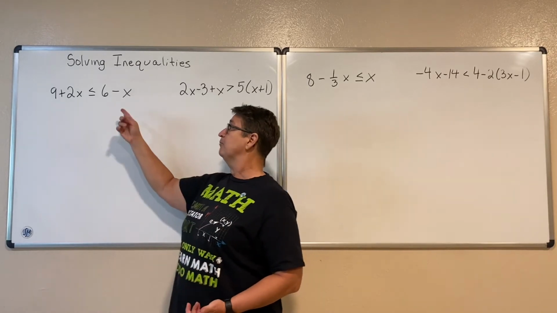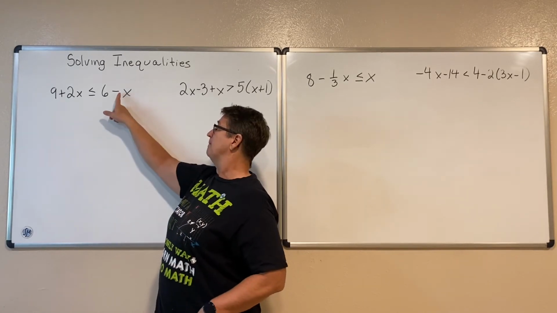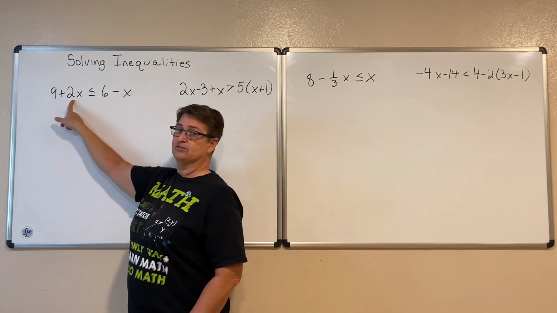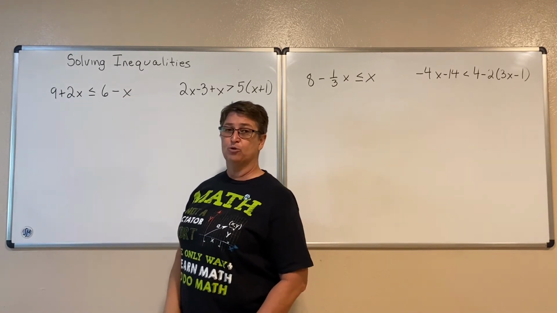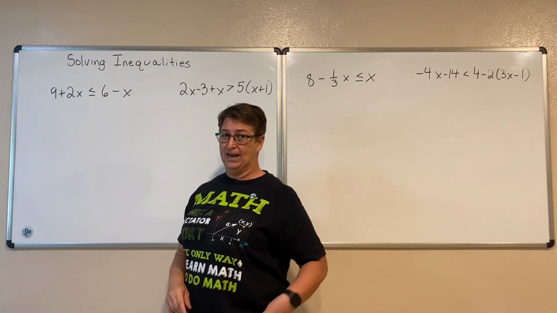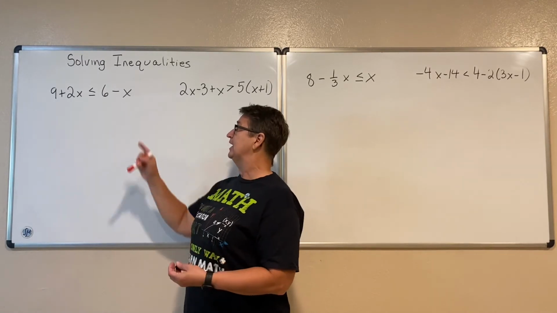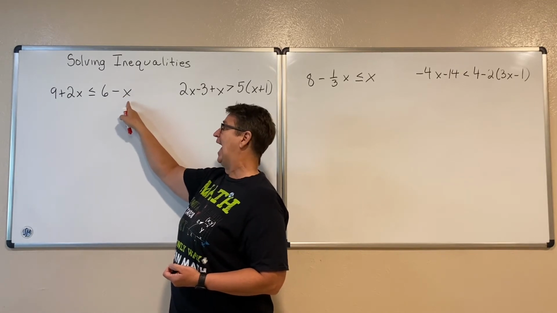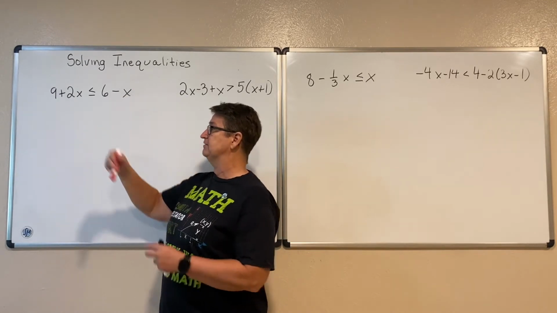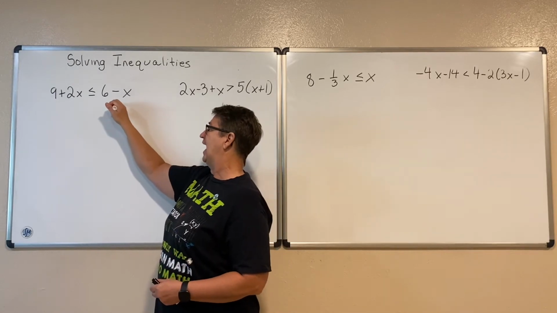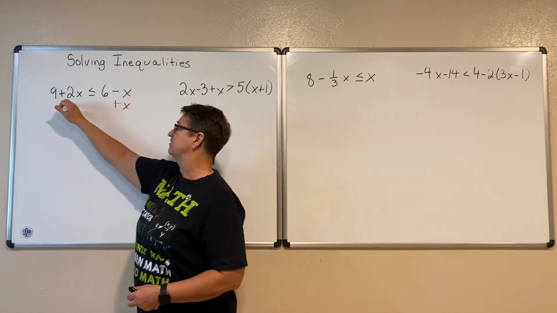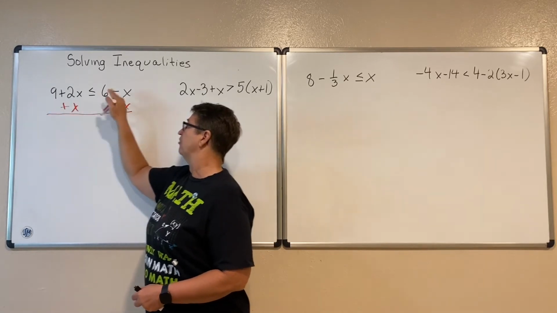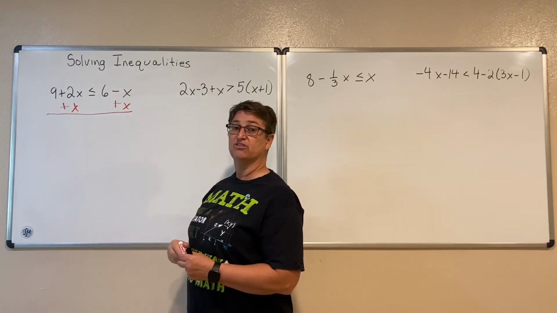So I'm going to move my x value from the right to the left. And remember, the way that we move that is we zero it out. Right now, it is minus x. I want to add x to both sides, so that when I add x to both sides, on the right, this becomes 0.